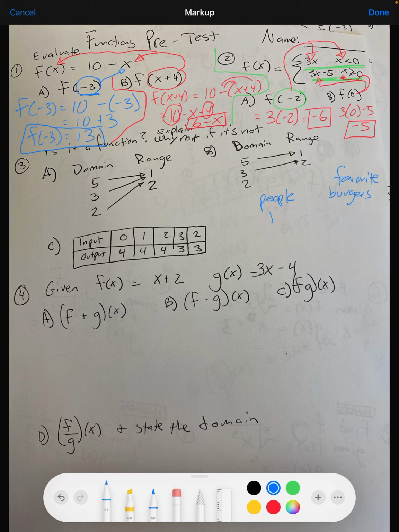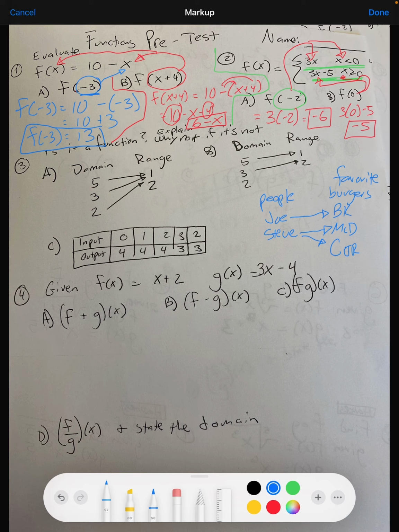So if we have people, Joe and Steve, favorite burgers, Burger King, McDonald's, and Carl's Jr. Every person has to eat, and they can only have one favorite. So if Joe's favorite was Burger King, Steve's was McDonald's, that is a function. If Steve also liked Carl's Jr., then that would not be a function.